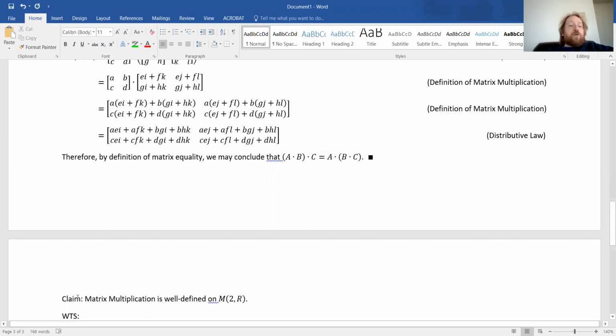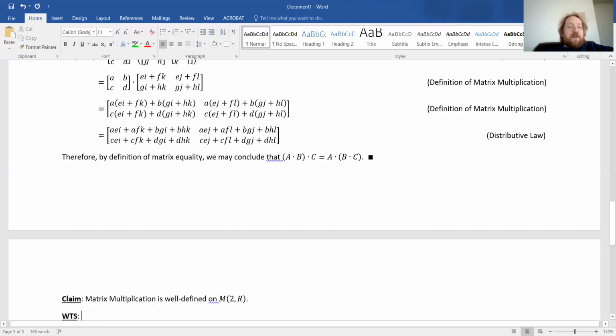So what we want to show is the definition of well defined applied to the elements as matrices, the set M2R, and the operation matrix multiplication.